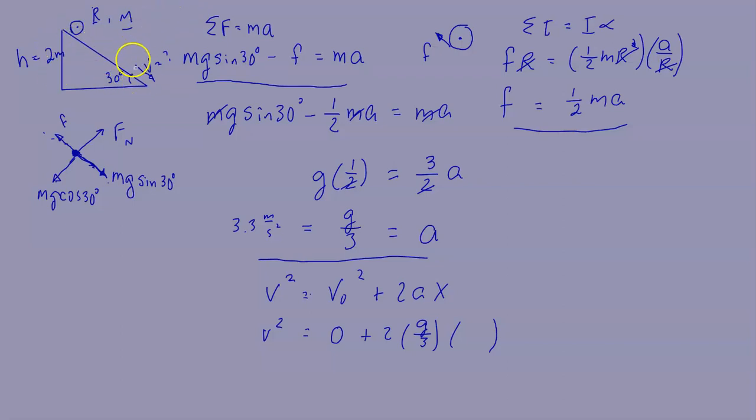That means the hypotenuse is double that, which is going to be 4. So v squared is equal to 8/3 times g.